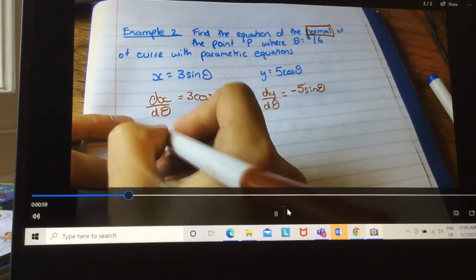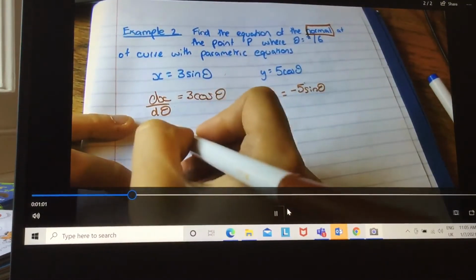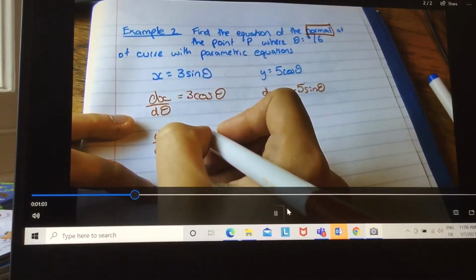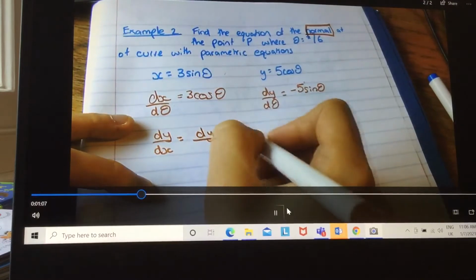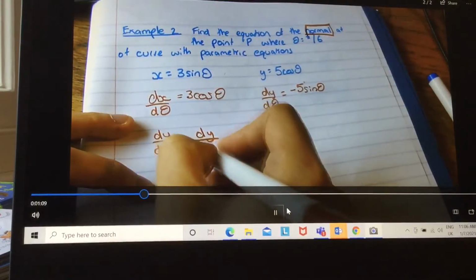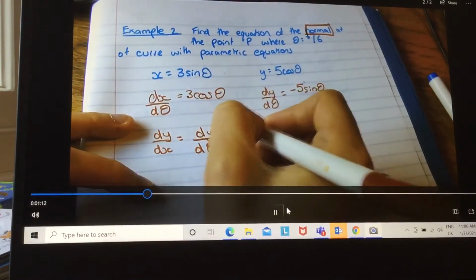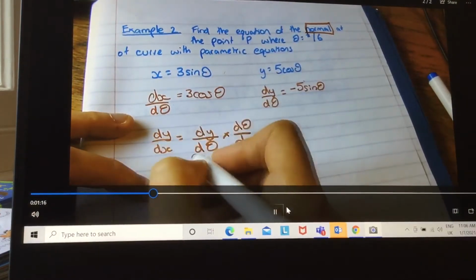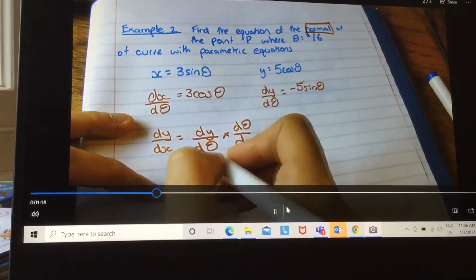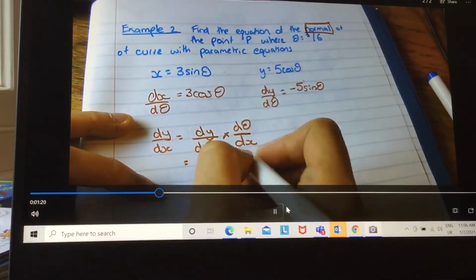So then we know that dy by dx is equal to dy by d theta times d theta by dx, and we want to build it like this. So we know they would cancel, so that's definitely true. So my dy by d theta was minus 5 sine theta.